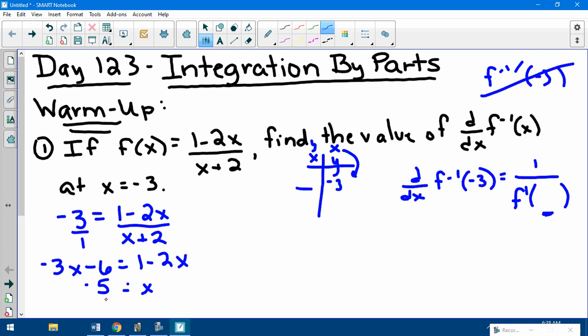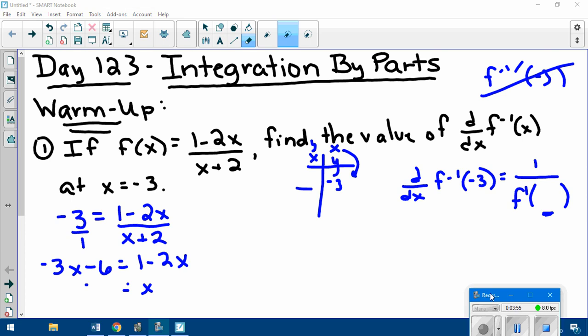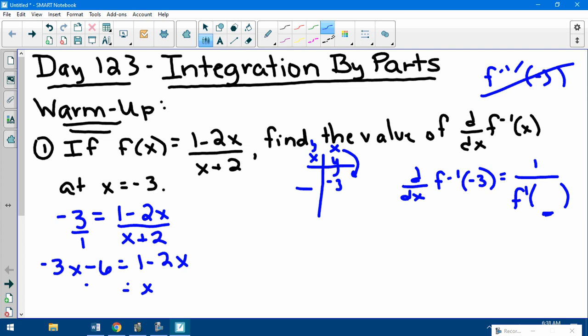Just kidding. Math is hard. You'd get x equals -7. Okay, so that's the x value that goes with -3. So we need to put -7 over here. So to find my answer, I'm basically going to have to figure out what f prime of -7 is.